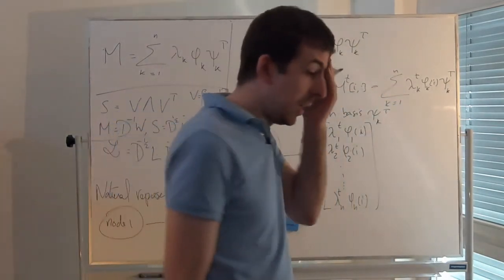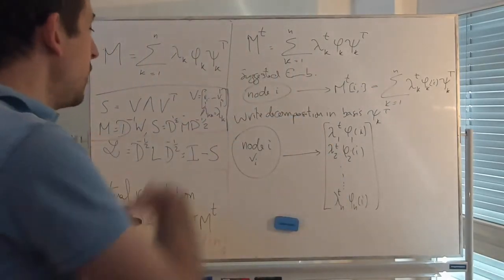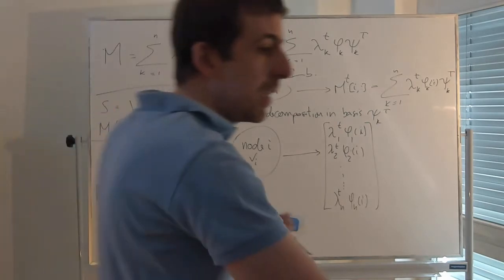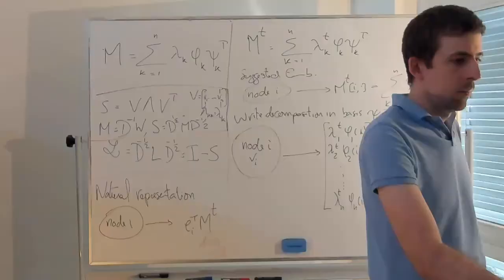And now this is a very natural decomposition. It's a very natural embedding. It's exactly the same embedding that we had before, just now written in the basis of psi k.